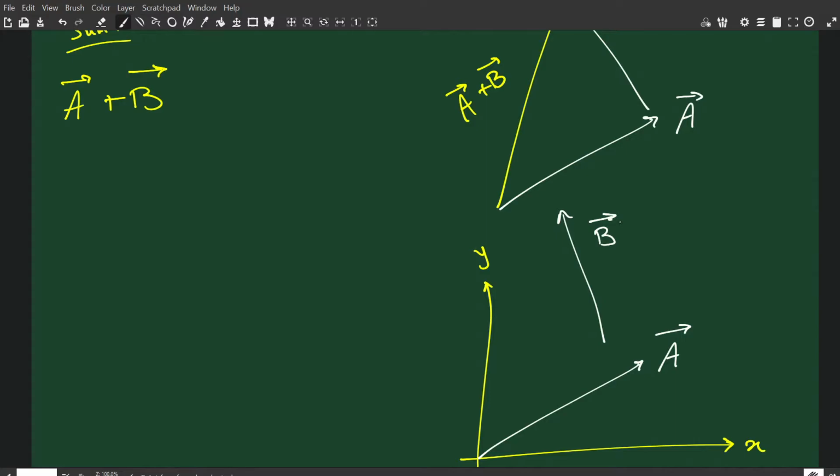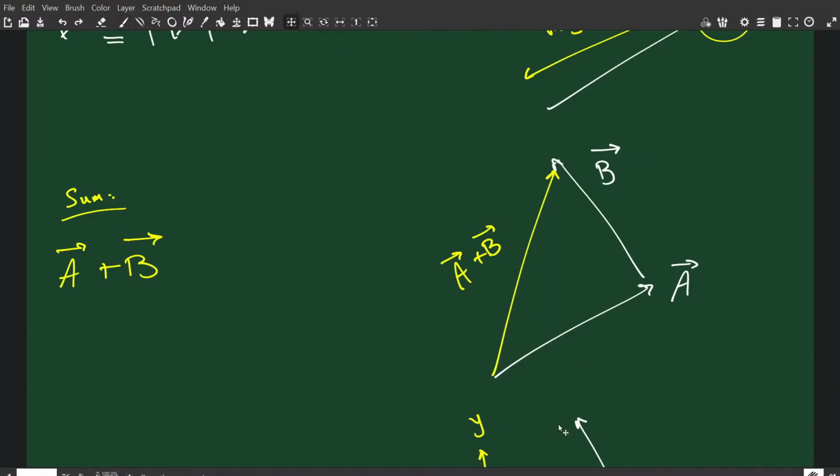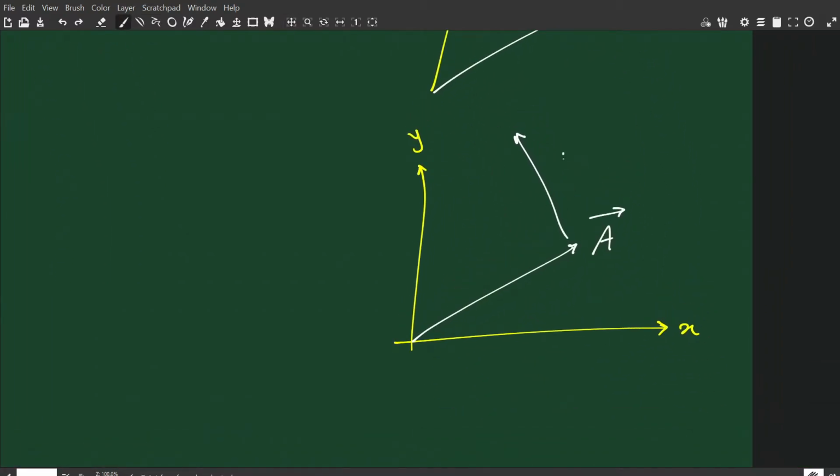We are able to move vectors in the xy plane or in our coordinates without any problem and any change. So to sum the a and b vectors, I prefer to move b here to be able to use this graphical definition. As I said, this one is the a plus b vector.